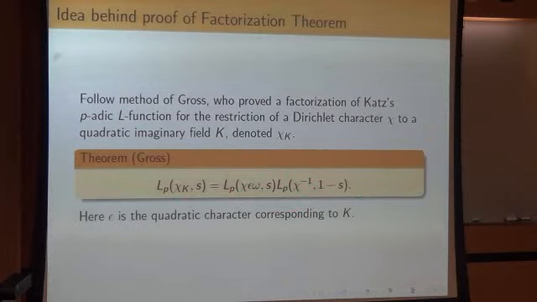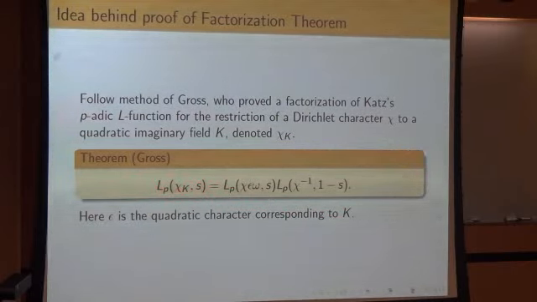Okay, so in this factorization, epsilon is the quadratic character of the field K, and chi is your arbitrary even Dirichlet character. Now again, in this theorem, I'll point out that the left side has no critical values. So this is not defined by interpolating anything directly.